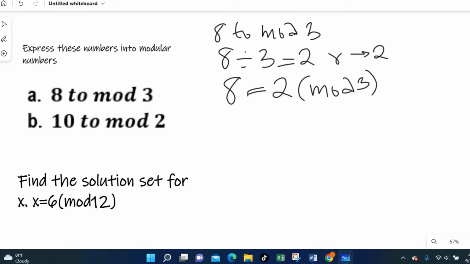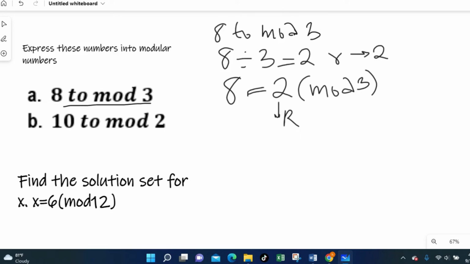So this is the modular number of this expression, 8 mod 3. When you are asked to express a number in modular terms, we go by it this way. This stands as the remainder, which forms the basis for the modular number.